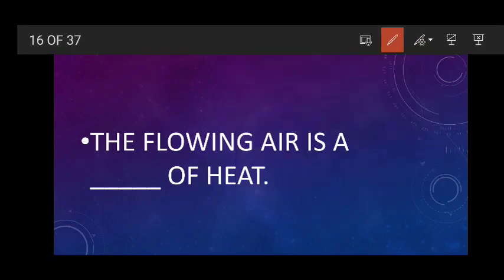Clear? The correct answer will be conductor of heat. So flowing air is a conductor of heat, but still air is what? Still air is not a conductor, it is an insulator.